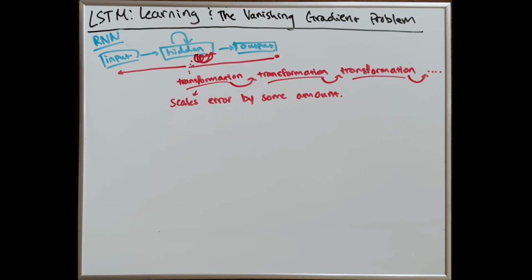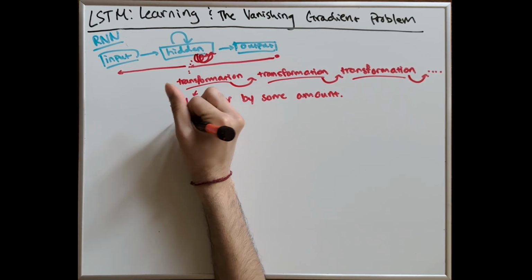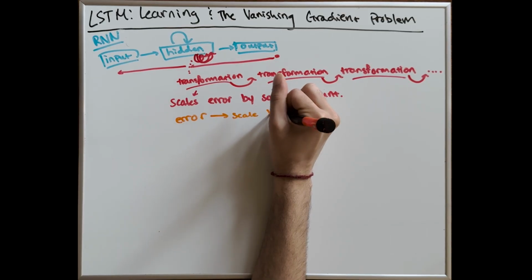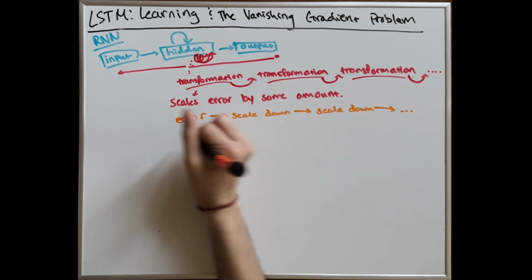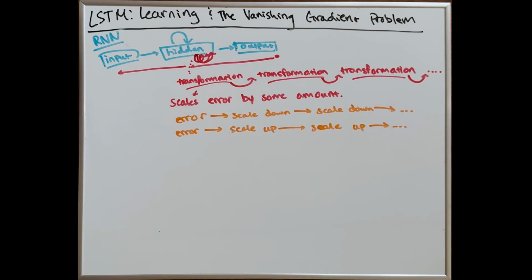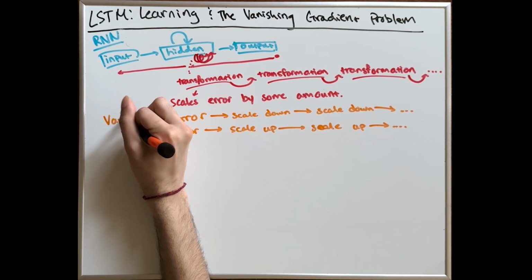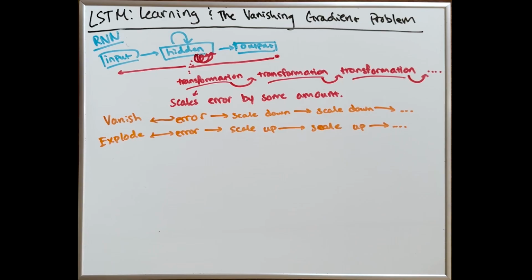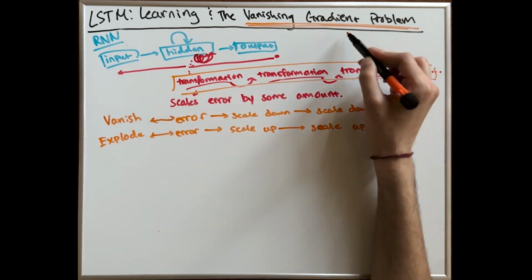So, moving backwards through each time step either scales the error signal down or scales it up. And when the scaling happens repeatedly over many time steps, small effects compound very quickly, making the gradient either vanish or explode. So, the vanishing gradient problem is a structural consequence of repeatedly transforming the hidden state through time.